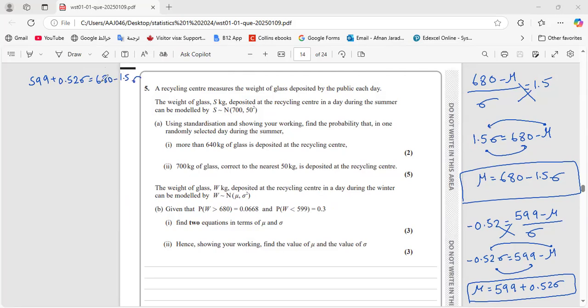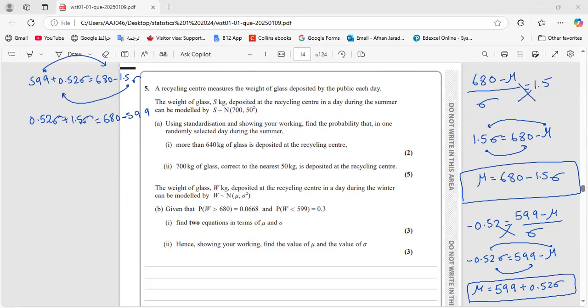To find sigma, put constants on one side and others on the other side by taking negative 1.5 sigma to the other side and 599 to this side. It will be 0.52 sigma plus 1.5 sigma equals 680 minus 599.